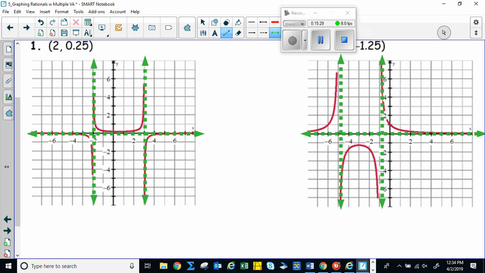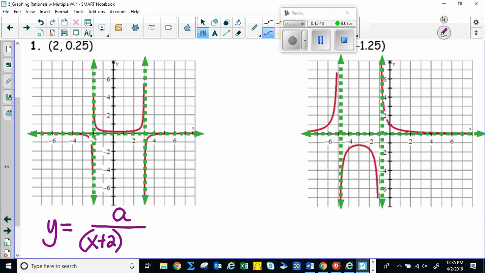Let's start by filling in what we have. I have an equation. I don't know what A is. I know when I'm done it's going to be negative, though. I've got a vertical asymptote at x equals -2. So when I write that in factored form, I have x plus 2. Graph shifted 2 units to the left.